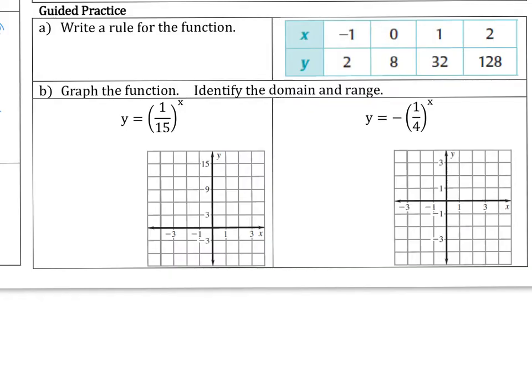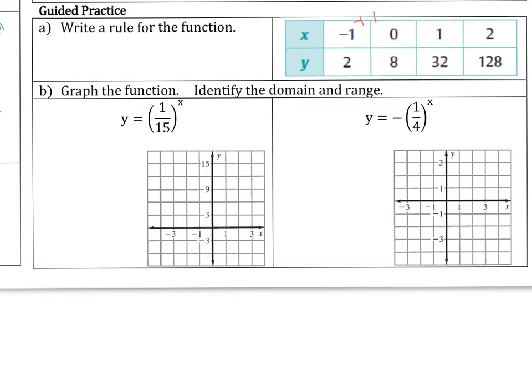Okay, now let's take a look at some problems involving exponential decay functions. Okay, in part A, guided practice, it asks you to write a rule for the function. So if we look at the chart here to the right, we can find a pattern.